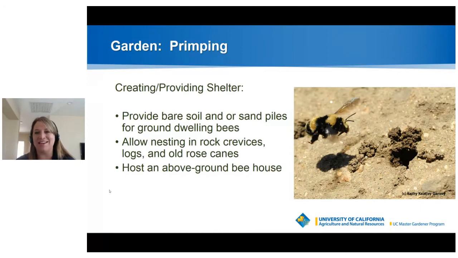I have to say that it is one of the most exciting spaces. Once you do have ground dwelling bees, it is really fun to watch them come in and out. It's a beautiful, incredible space where you can really see life and activity in your garden. Another thing you can do is just allow bees to nest in rock crevices if you have a rock wall of some sort.